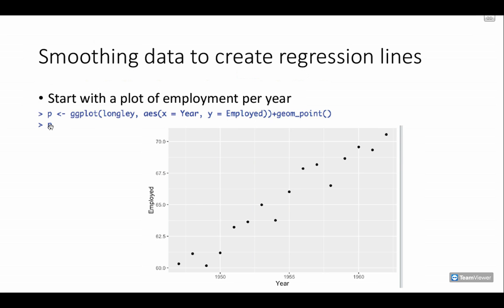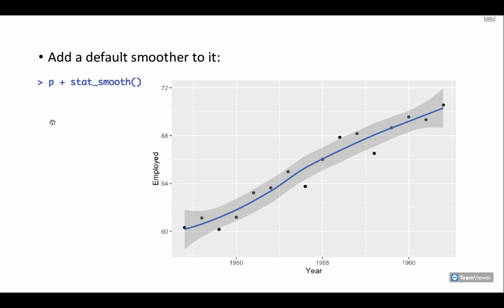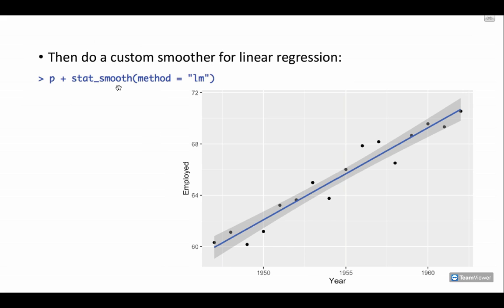That's an easier way, and we usually use that because if we want to use this basic layer to create a lot of other different plots, we assign it to a variable and then use this p variable. So here that's what I'm doing, using this p and then adding on the other layer, which is stat_smooth.